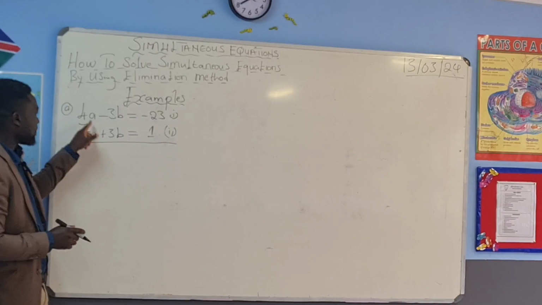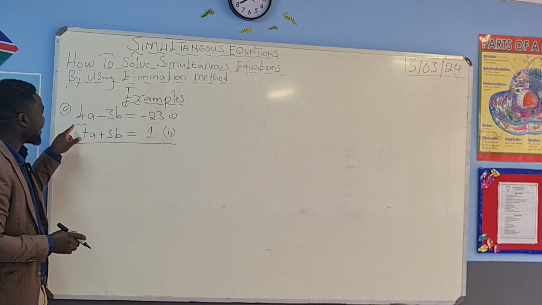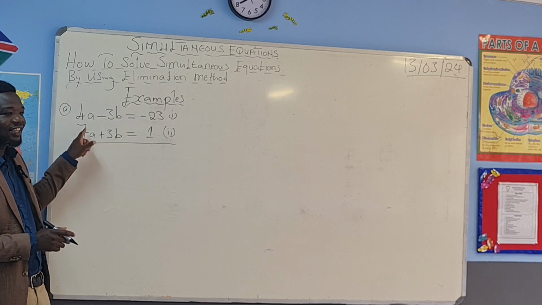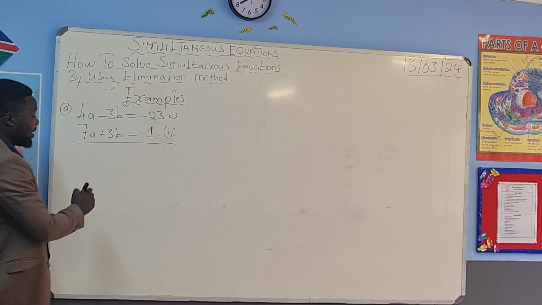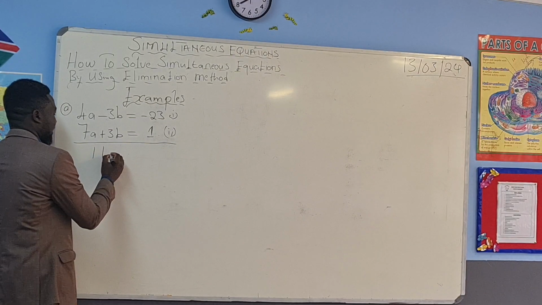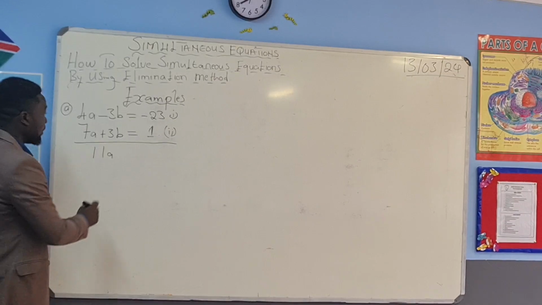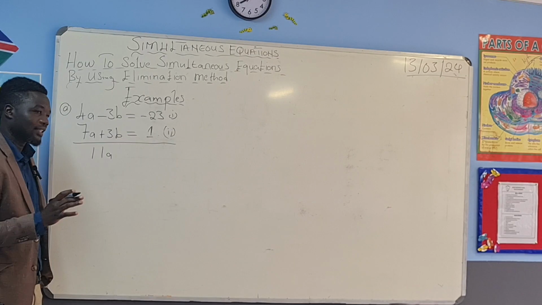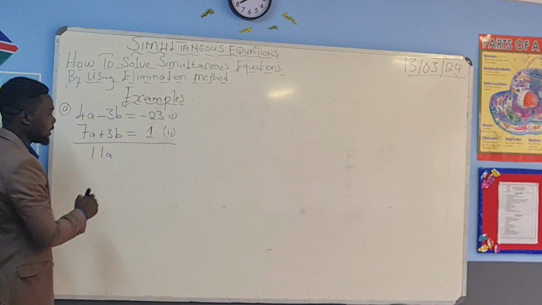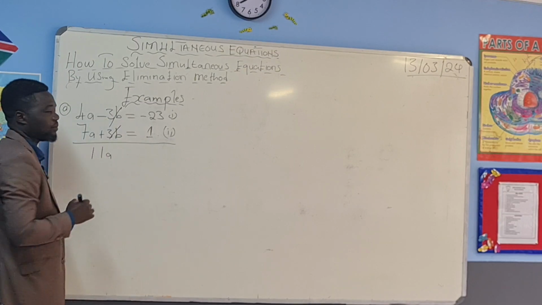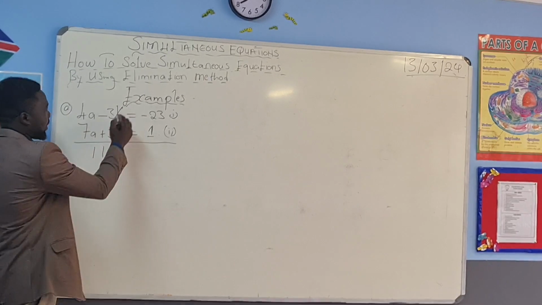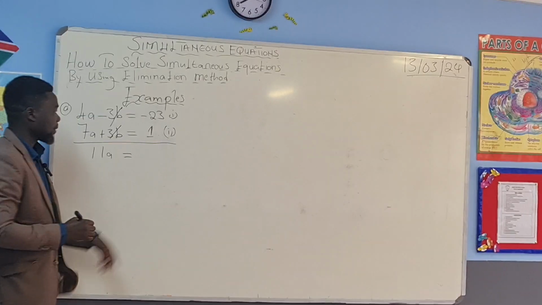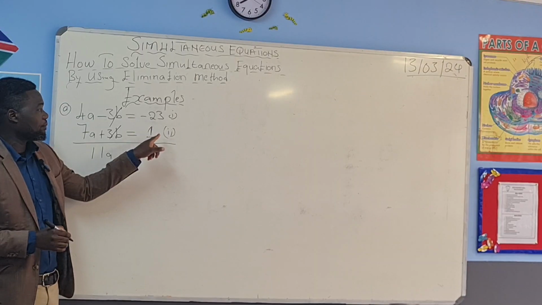So let's start adding. 4a plus 7a is 11a. Then negative 3b plus 3b is 0, so these cancel. Then you say equal to negative 23 plus 1.